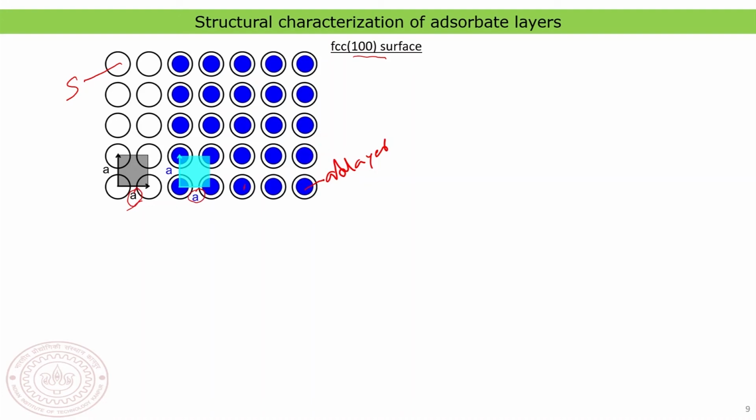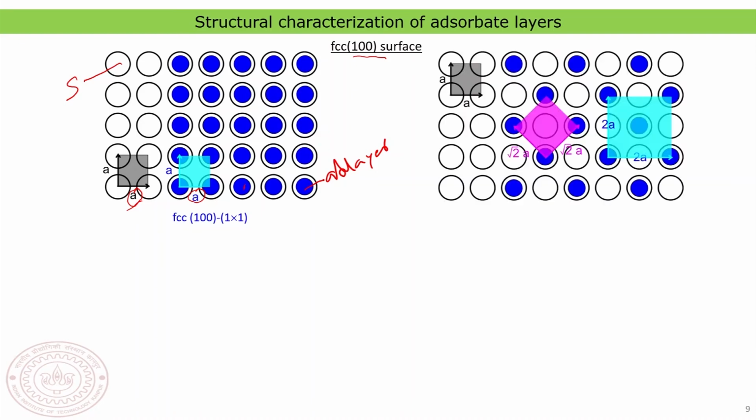You can call this a one by one adlayer. The one by one represents that along both crystallographic directions you find the adatoms at a unit of 1, meaning that every atom is decorated by an adlayer atom.